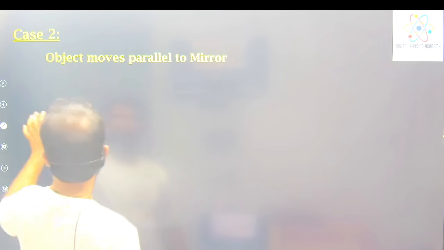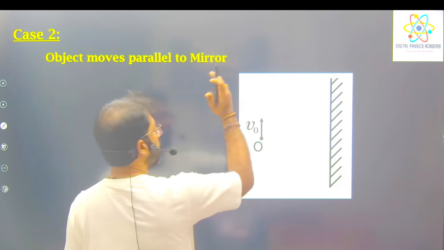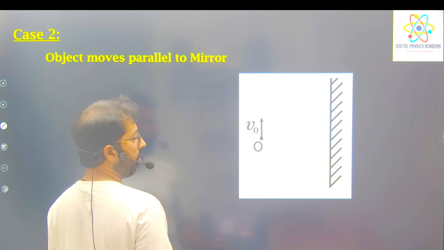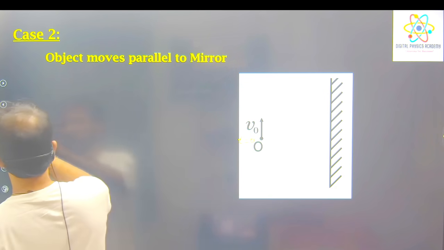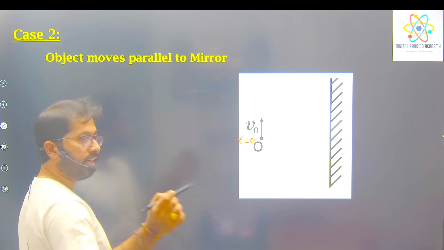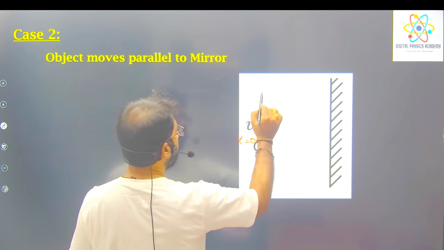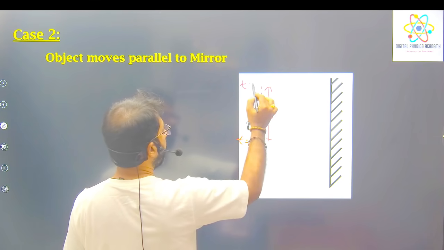Right? Dekho. Chalo. Suppose you are running with velocity v0. Okay, the object's velocity, right? So suppose at time t equal 0, it is running with some velocity v0. After a certain time t, suppose the object came up to here. Y distance it covered at time t equal t.